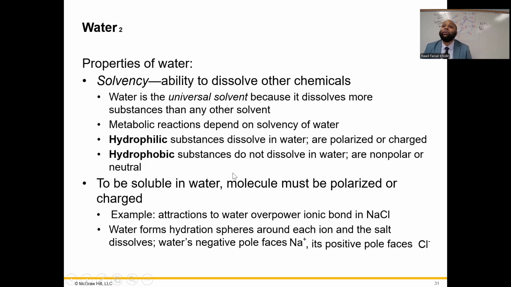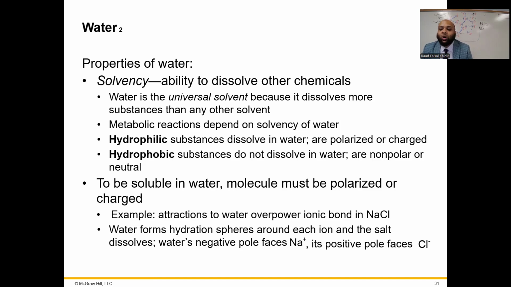That's what happens in the liver with these liver enzymes known as P450 enzymes. When you have waste or a drug that you took in your body, you want to metabolize it and get rid of it from the body, so you convert it from lipid soluble into water soluble.